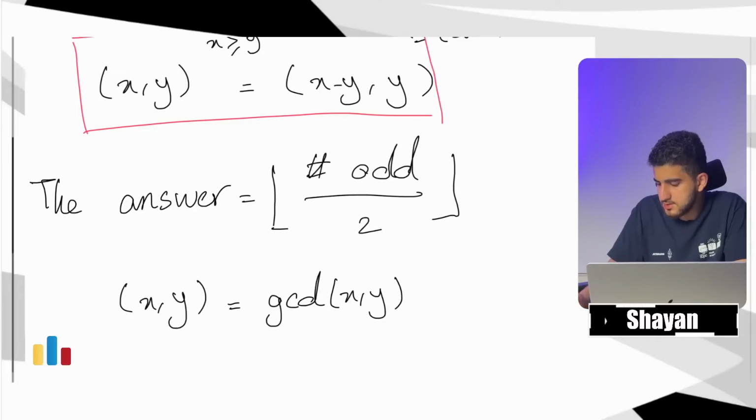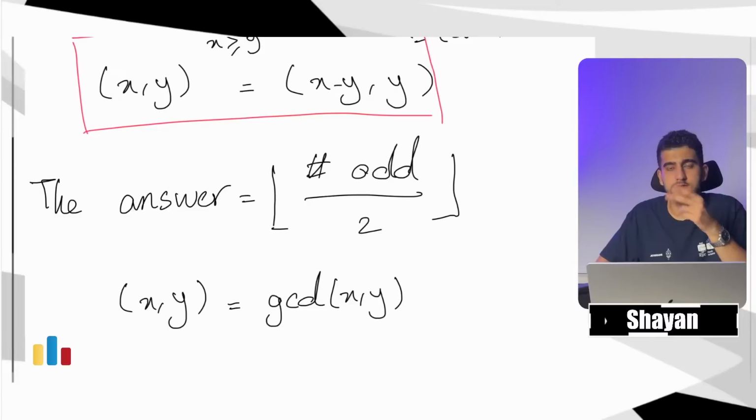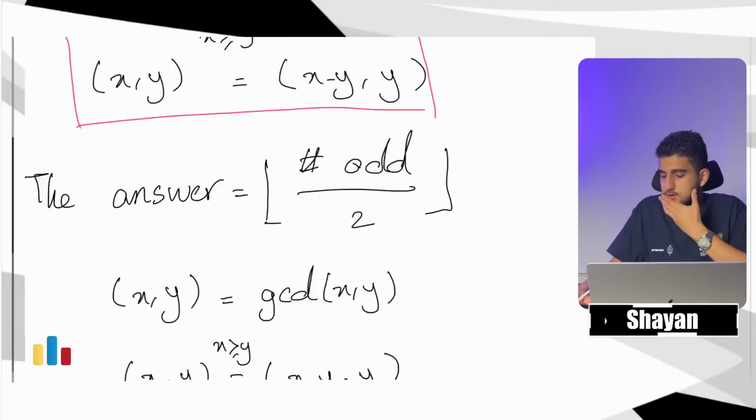In number theory, sometimes when we want to calculate GCD of two numbers, we just write these two numbers inside brackets. Right? So I'm saying that for each two arbitrary numbers x and y, GCD of x and y, for x greater than y, is equal to GCD of x minus y and y. These two are equal.